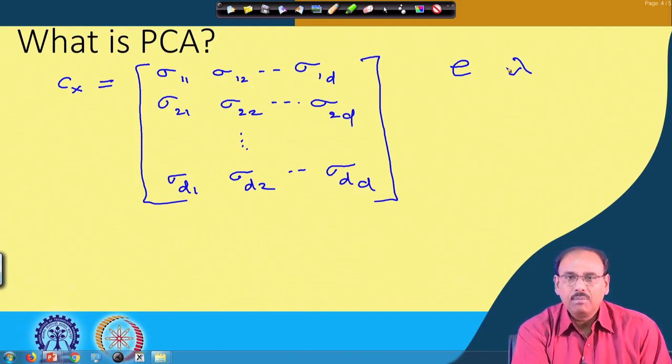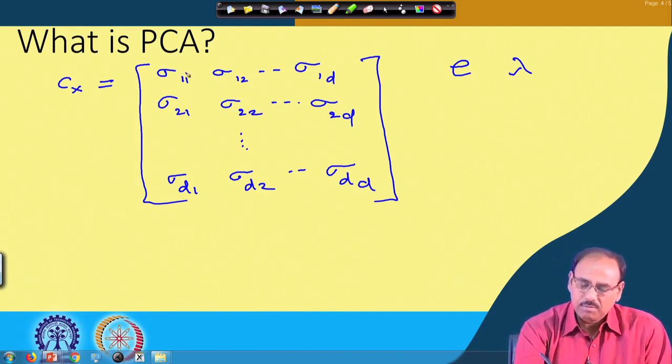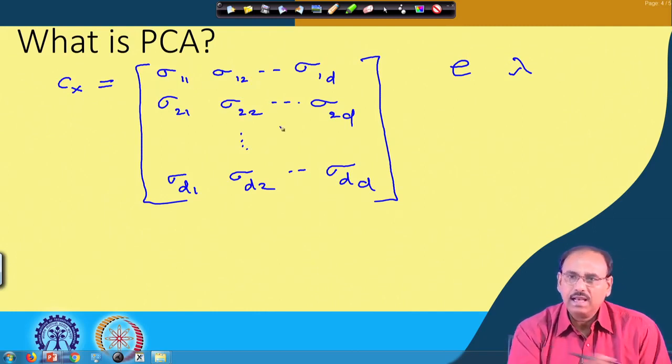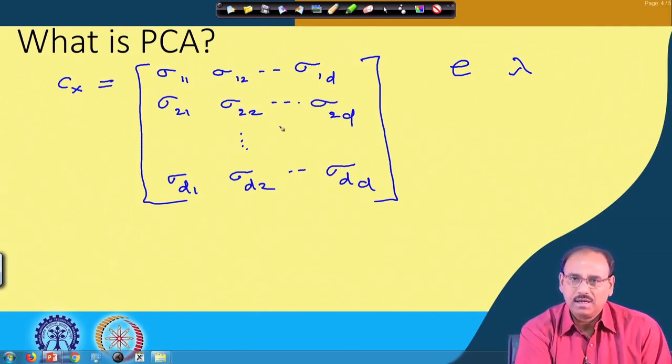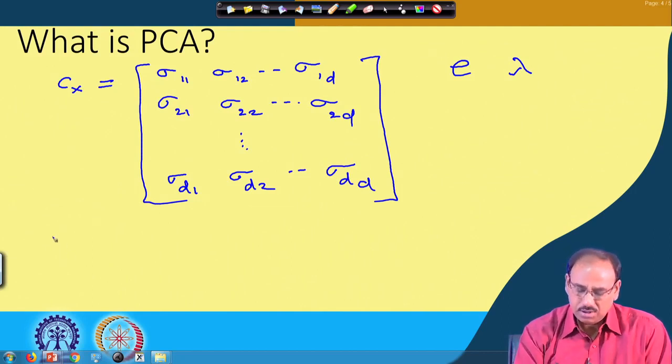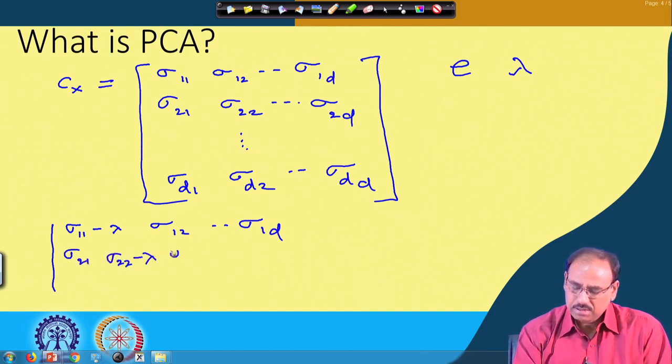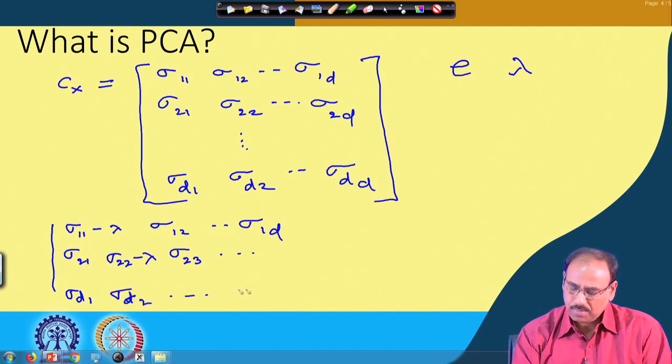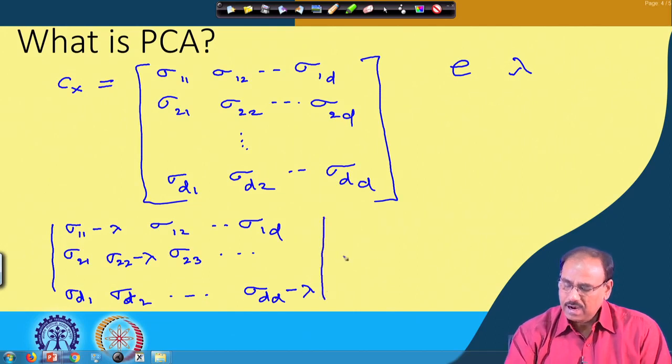The way you compute the eigenvalue is, from each of these diagonal elements you subtract lambda and then make a determinant. So, the determinant will be sigma 1 1 minus lambda, sigma 1 2 up to sigma 1 d, sigma 2 1, sigma 2 2 minus lambda, sigma 2 3 and so on, sigma d 1, sigma d 2, sigma d d minus lambda. Make a determinant and equate this to 0.